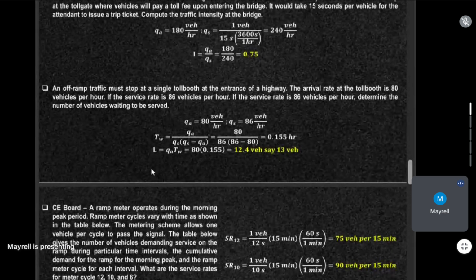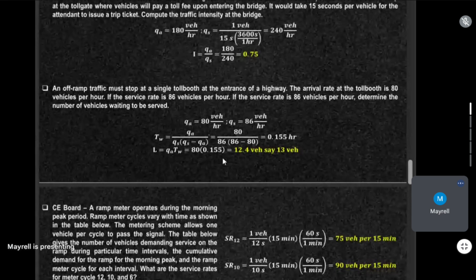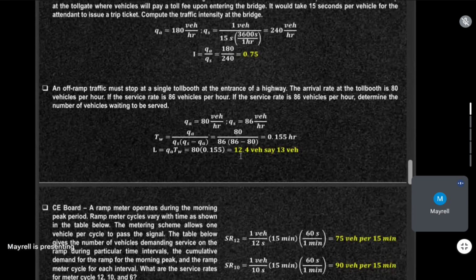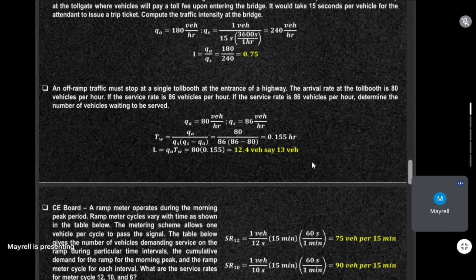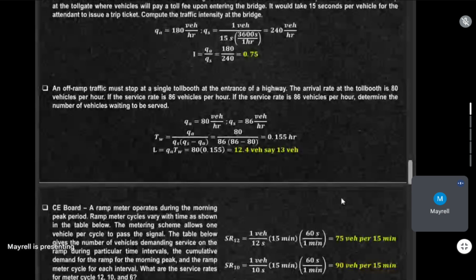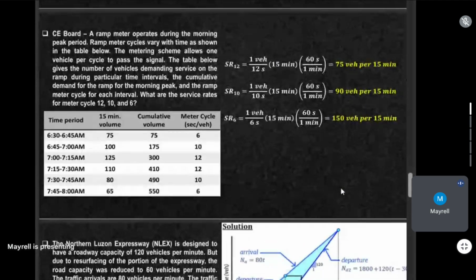The average queue size is QA times TW, so that's 80 times 0.155. You have 12.4 vehicles, say round up to 13 vehicles. Okay, so another.